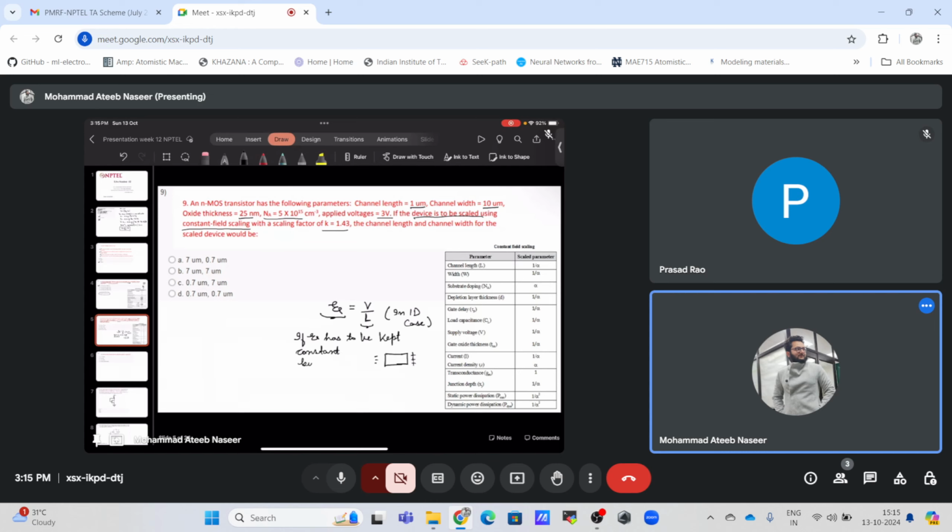but we have to reduce L, then the voltage must also be reduced by the same factor as L. It is clearly stated over here: if we are reducing the channel length by alpha, we will be reducing the supply voltage by alpha as well.